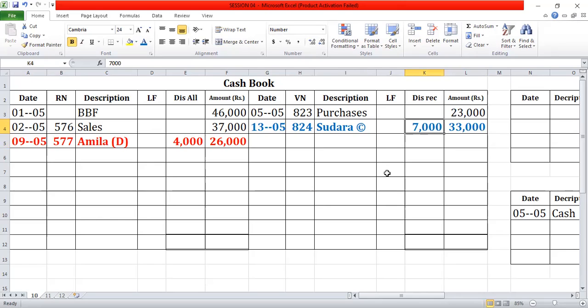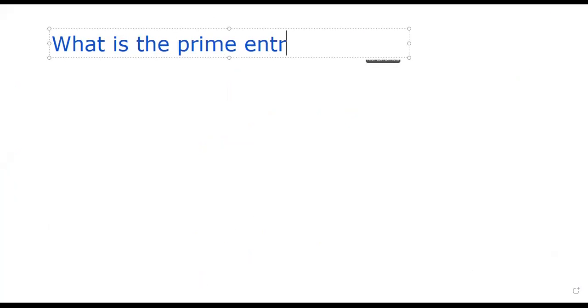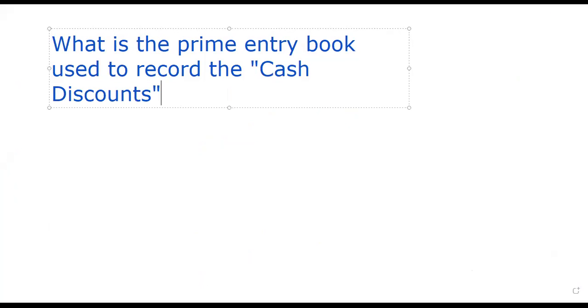The question is this. What is the prime entry book used to record the cash discounts?